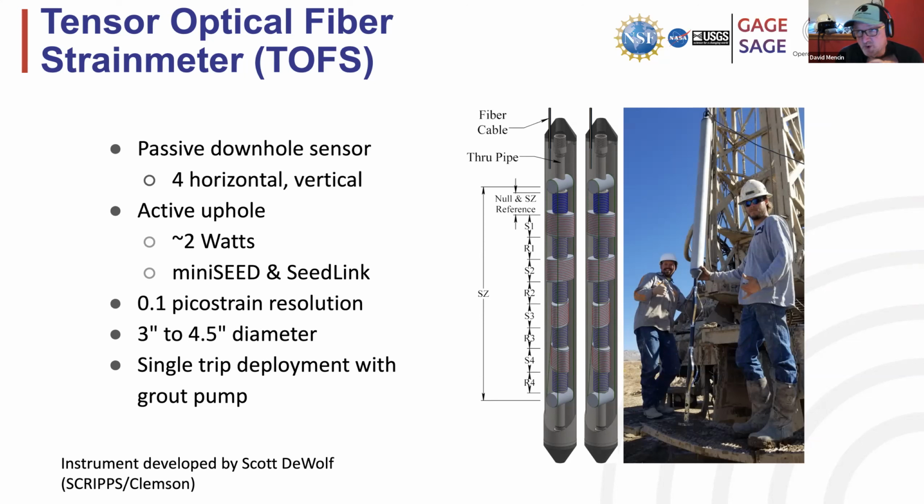It has a 0.1 picostrain resolution. Scott says we could get it down to less than 3 inches in diameter, which is hugely important for the installation cost. And it's a single trip deployment, which makes things a lot easier when we're not going up and down the hole.